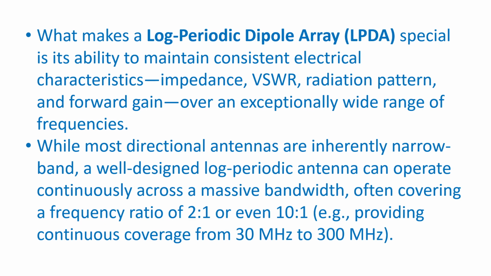While most directional antennas are inherently narrow band, a well-designed log periodic antenna can operate continuously across a massive bandwidth, often covering a frequency ratio of 2:1 or even 10:1. For example, providing continuous coverage from 30 MHz to 300 MHz.